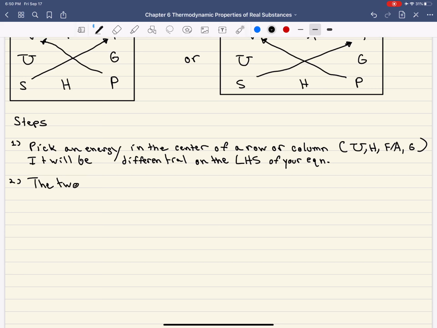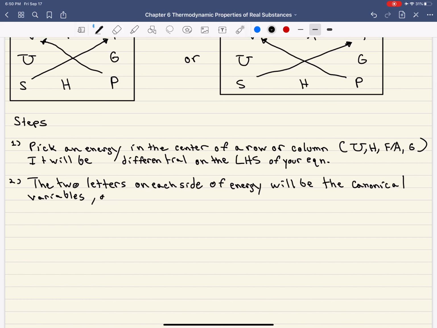The two letters on each side of the energy will be the canonical variables. These are the variables that will be the differentials on the right-hand side.